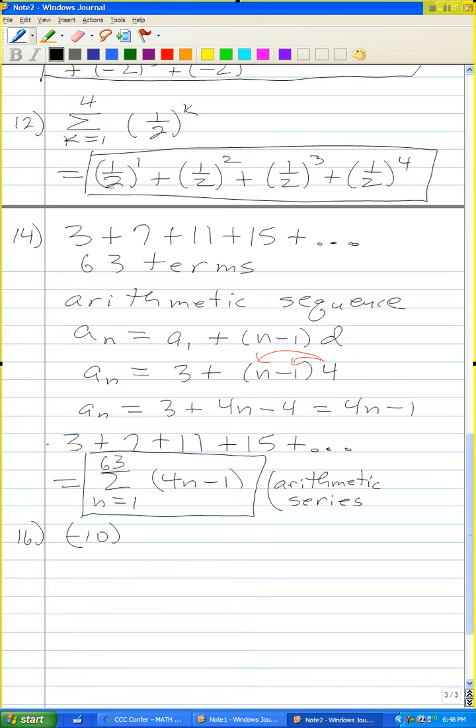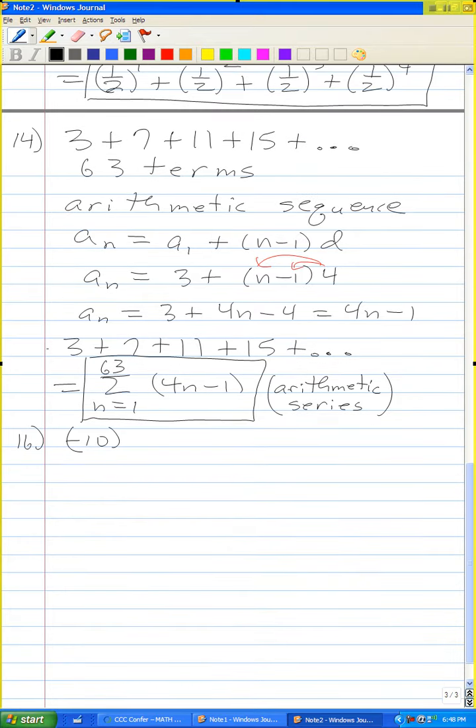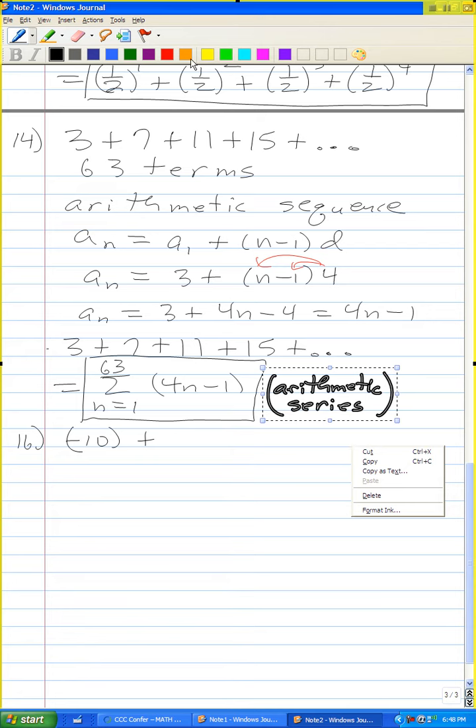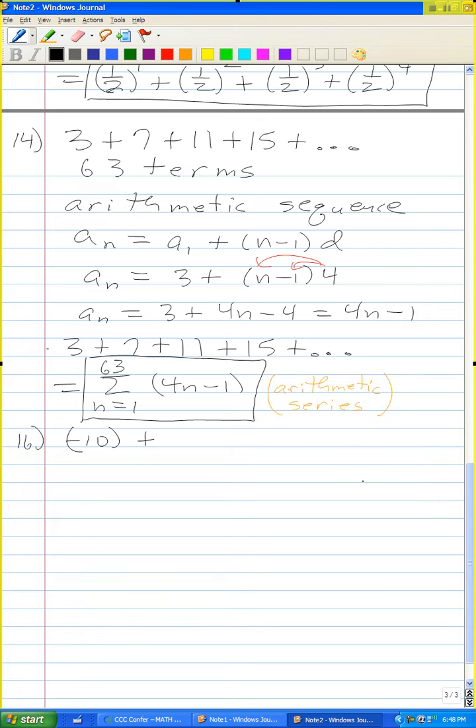Actually, I should probably give it a different color so it doesn't look like I'm multiplying or something. So this is the arithmetic series. Negative 10, negative 5, 0, 5. I'm going to be adding up 120 terms. So a lot of terms here.